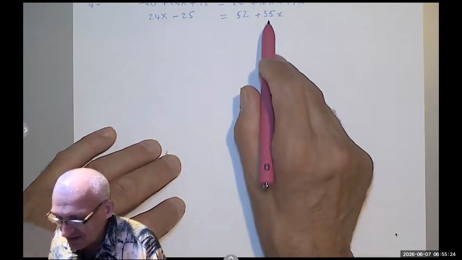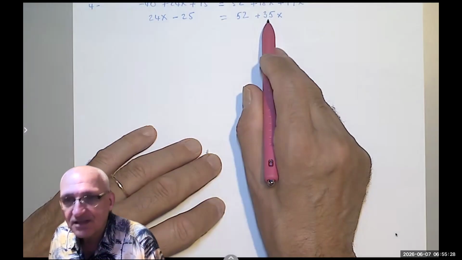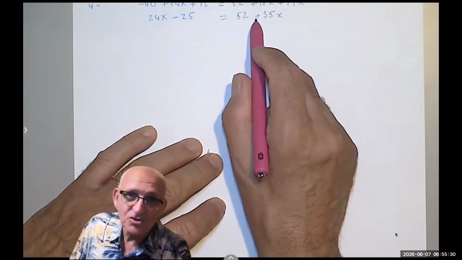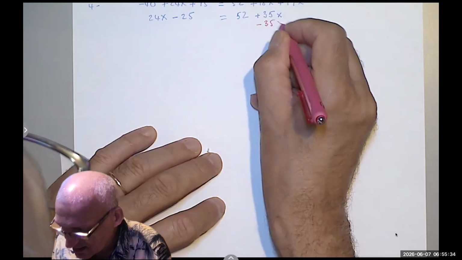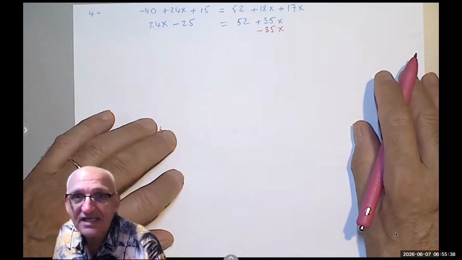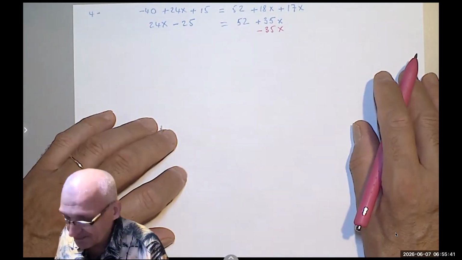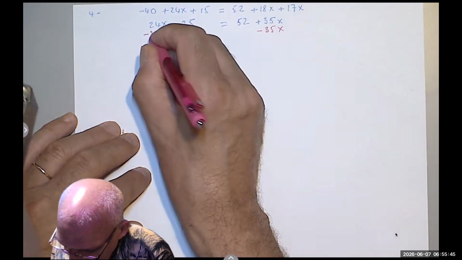So for example, I have a 35x there and I don't want it. So it's added to something, so subtract it from that thing, because the plus and the minus are inverse operators. They cancel the work of each other. But if I did it to the left-hand side, I have to do it to the right-hand side.